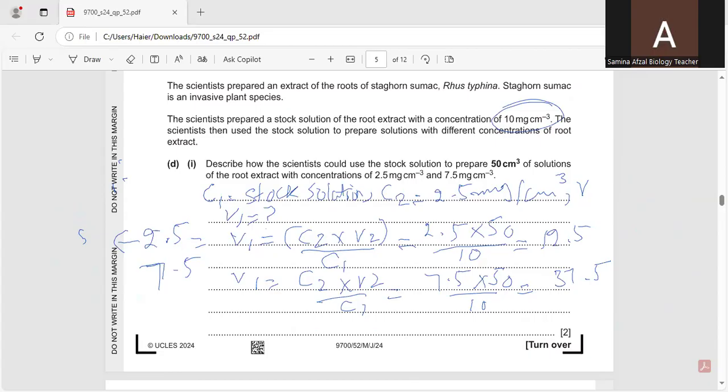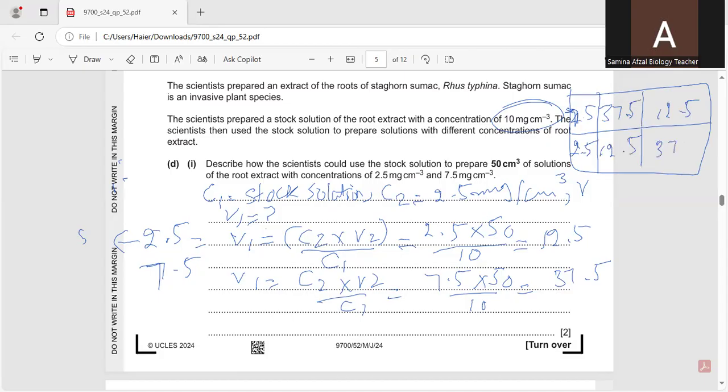The table can be made in this way: first of all 7.5, then 2.5, and then 37.5 and 12.5, and 12.5 and 37.5.